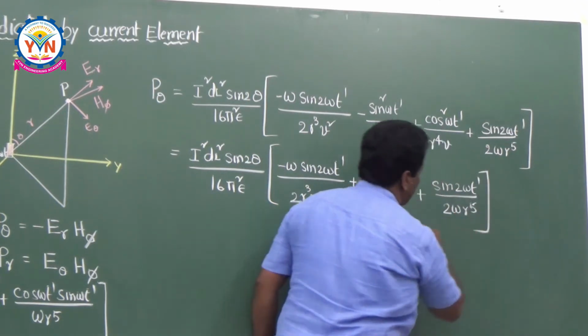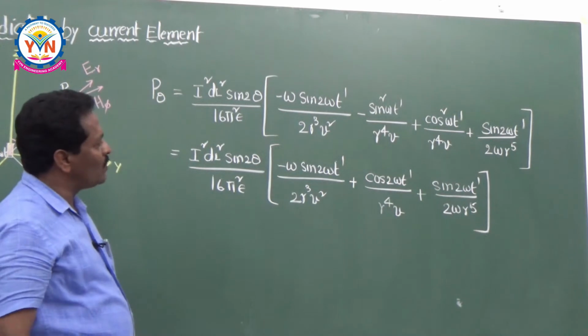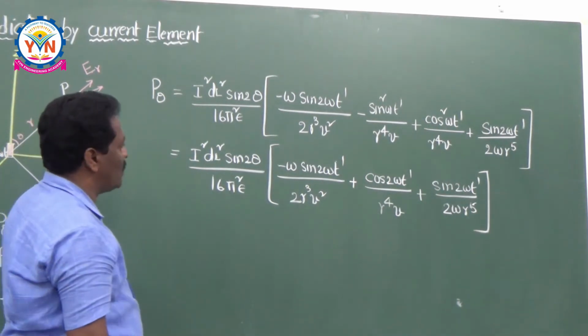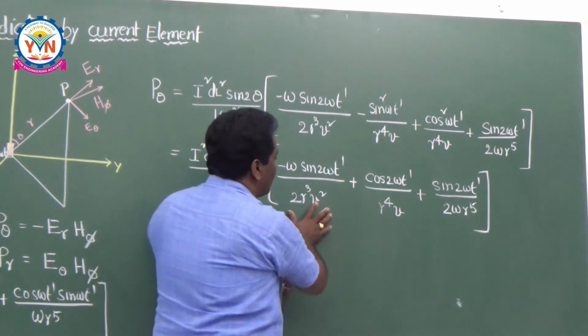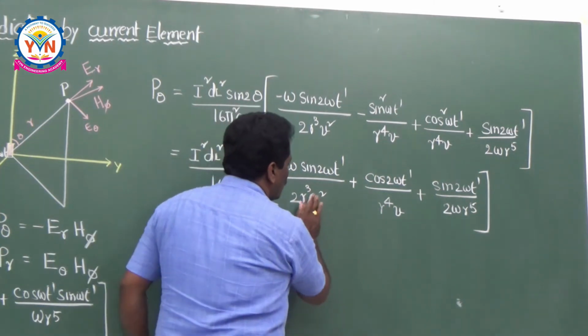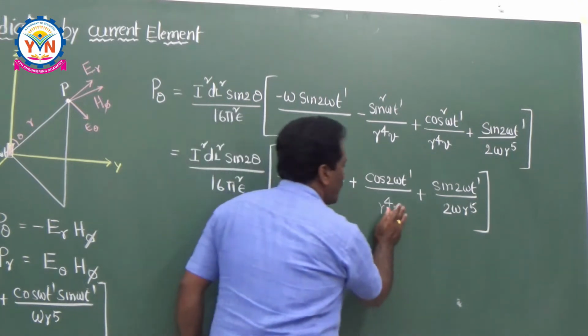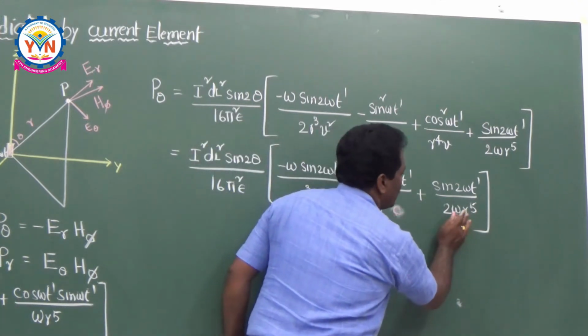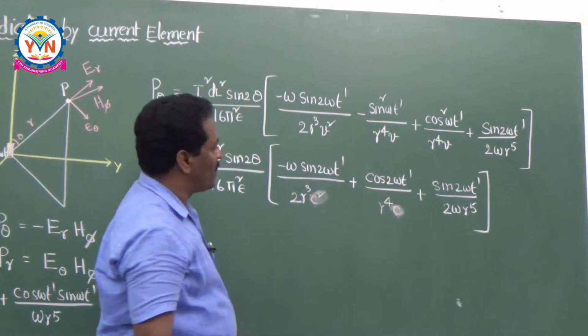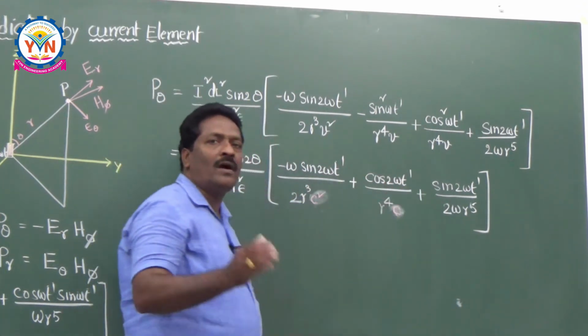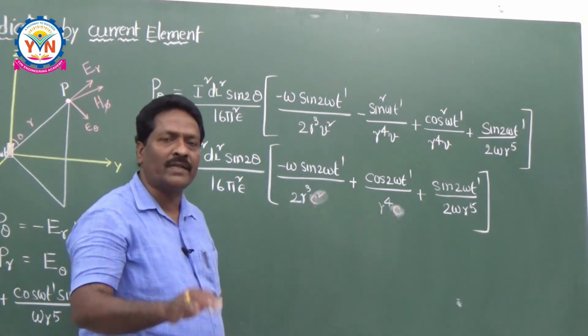This is the expression. Now, if you observe closely, I already told you one substitution. What is V? V is nothing but the light velocity. So, in the place of V square I can write c square, and in the place of V it is c. If you take each and every term here, you get cos 2 theta or sin 2 theta.